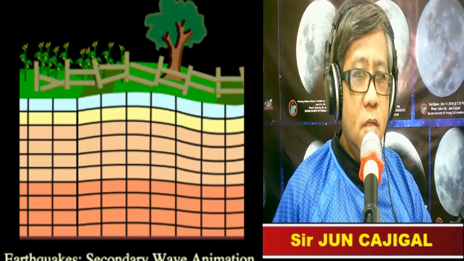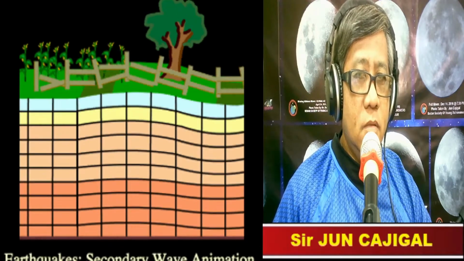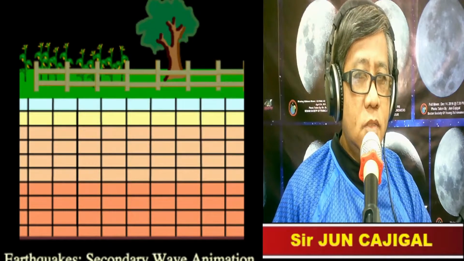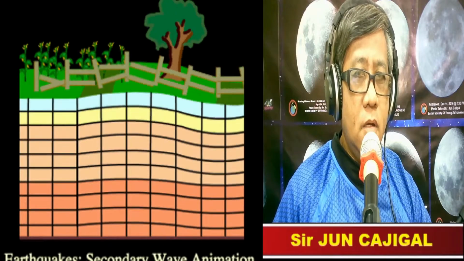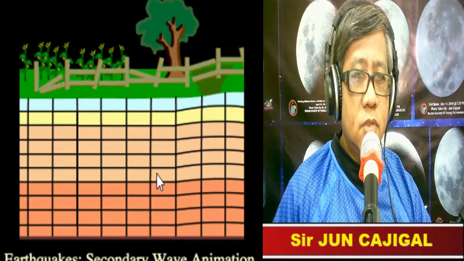And again, as you could see in this animated illustration, as the S wave moves through the rock medium, it moves the rock particles up and down or side to side.